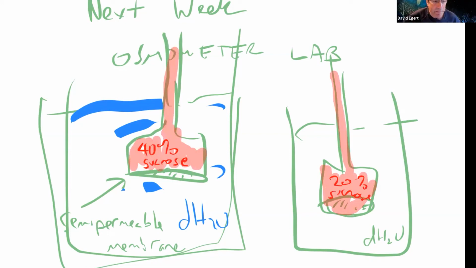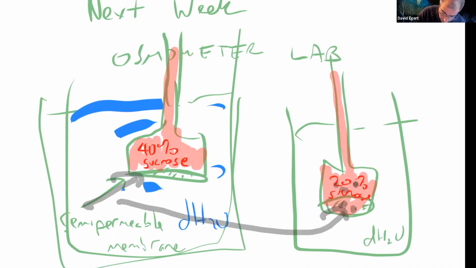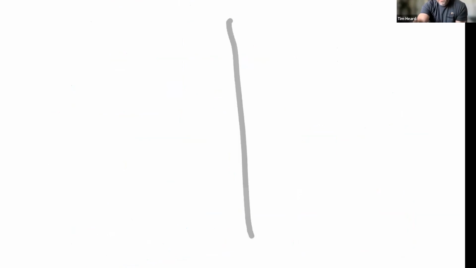So what is going to happen if I have a semi-permeable membrane, sugar water inside, and on the other side distilled water? More water is going to go into the 40% solution.